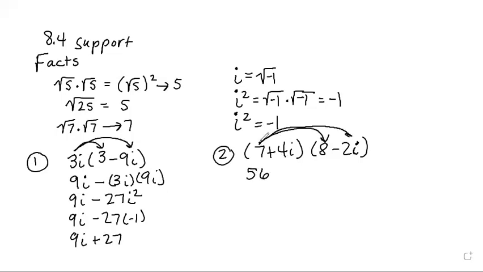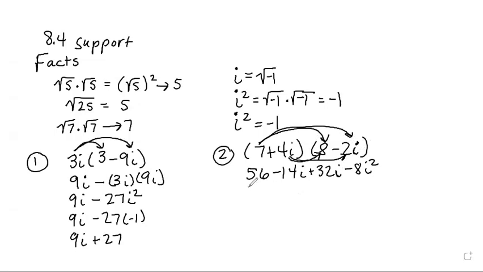And then 7 times -2i is going to be -14i. Going to move to the 4i. 4i times 8 is going to be +32i. And then we've got to do 4i times negative 2i, which is going to be negative 8i squared. Is everybody okay with that? 4 times negative 2 gave me the negative 8, and i times i gave me i squared.